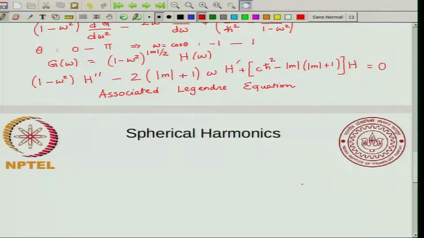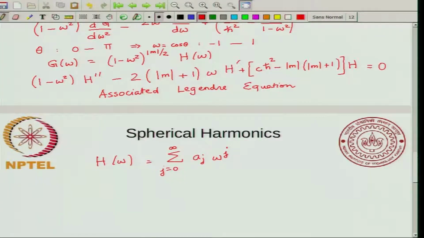So we are going to write h of w as a sum over j equal to 0 to infinity of a j w to the j. I've used the letter j, and this is what you do in the power series method.